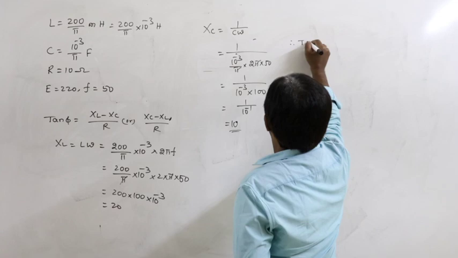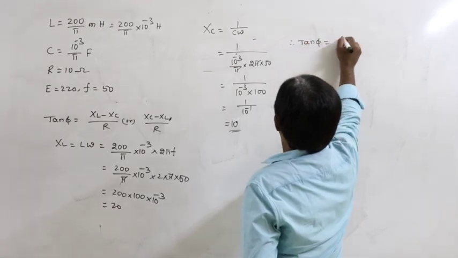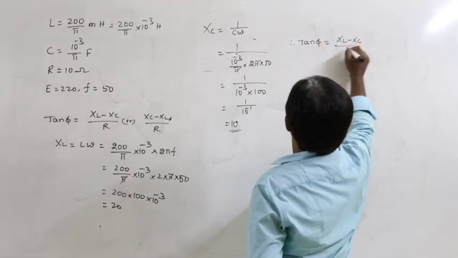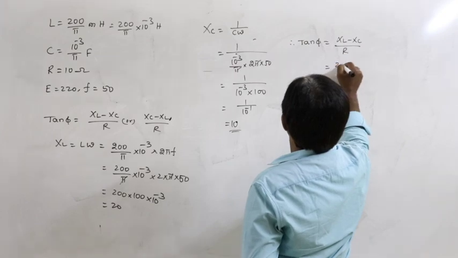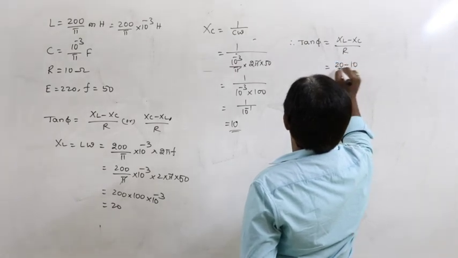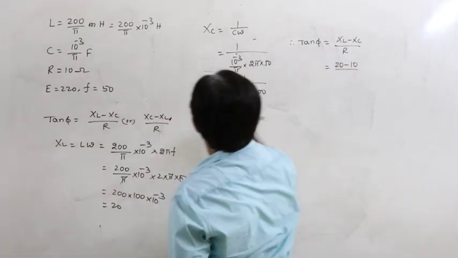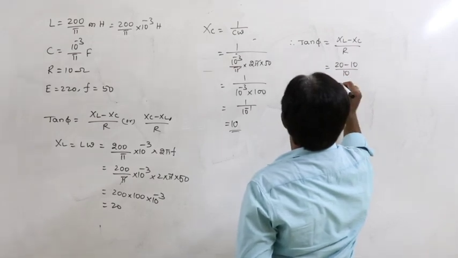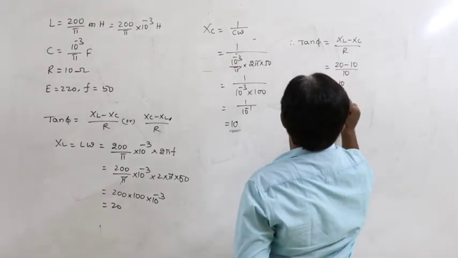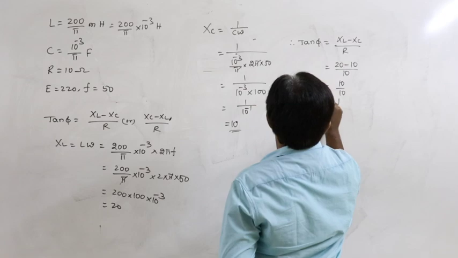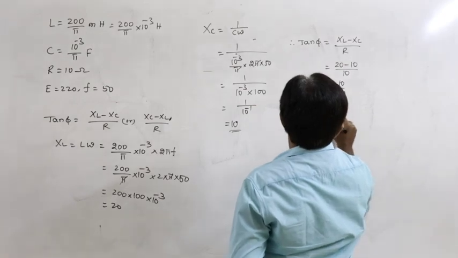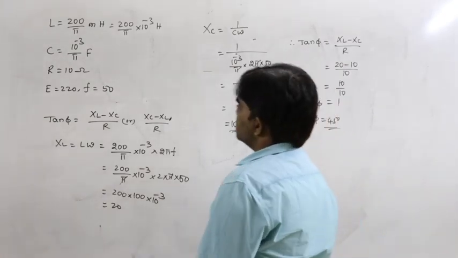Therefore tan phi equals (XL minus XC) by R. XL is 20, XC is 10, divided by R, which is 10. So that is 10 by 10, which equals 1. Tan phi equals 1. That means phi equals 45 degrees.